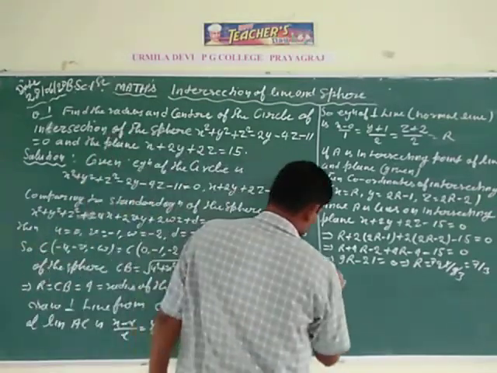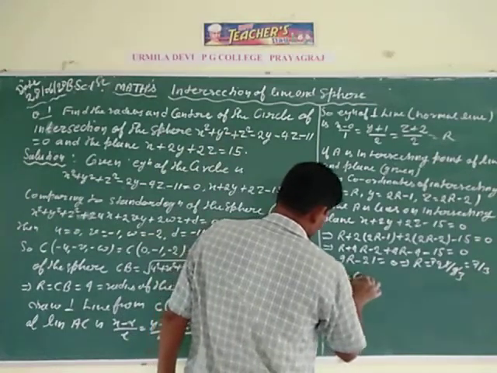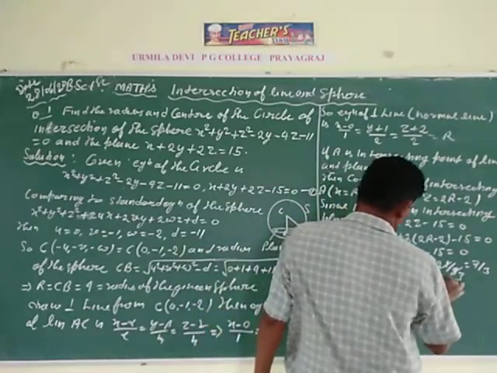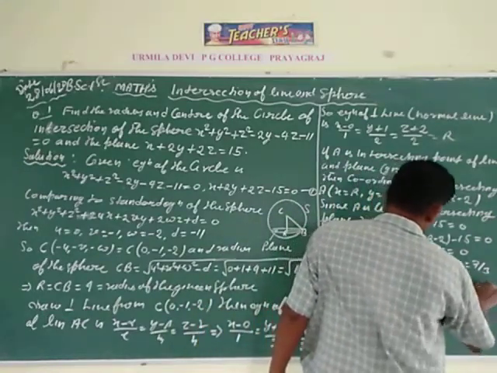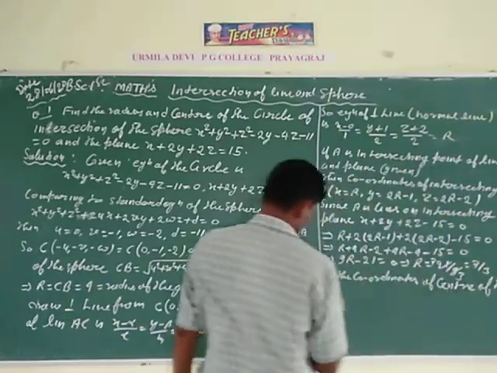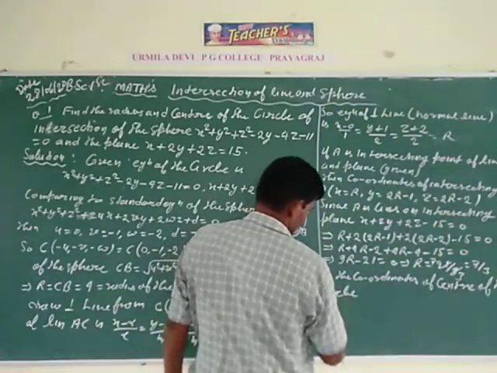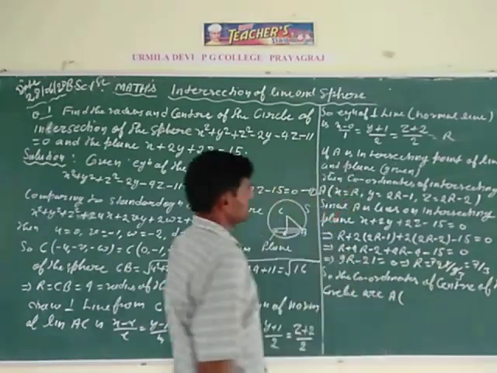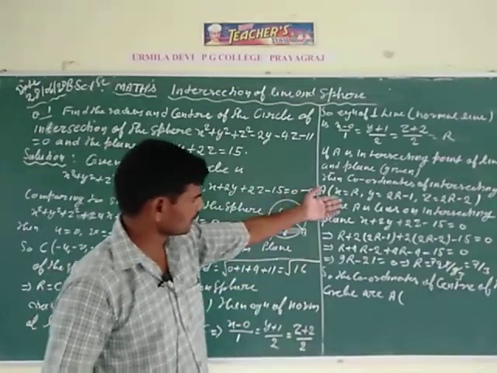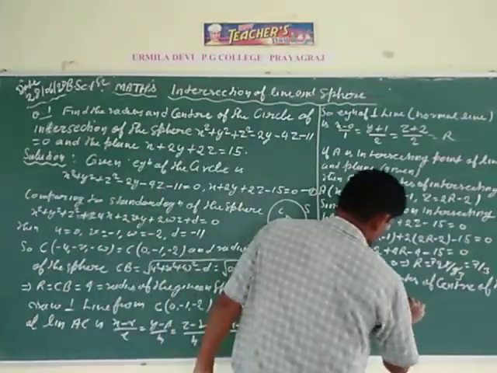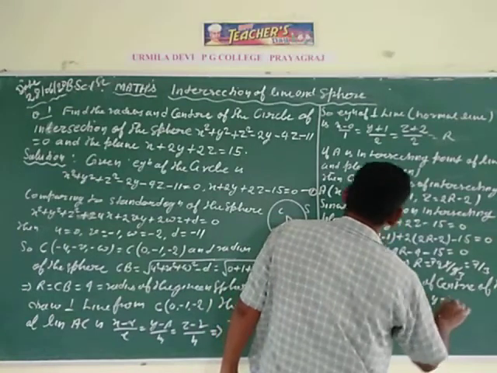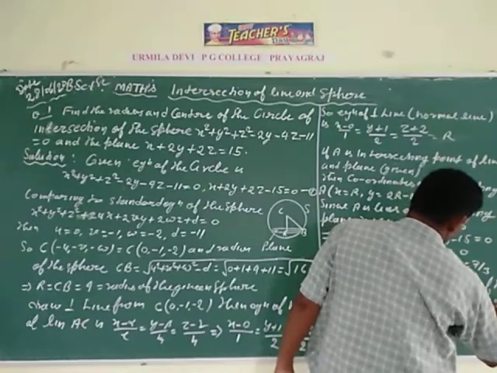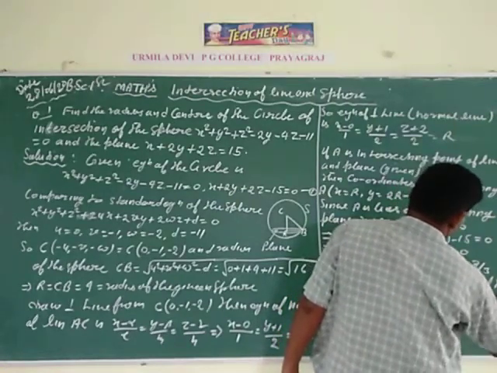So the coordinates of the center of the circle, capital A, are obtained by putting x is equal to capital R, y is equal to 2r minus 1, and z is equal to 2r minus 2.